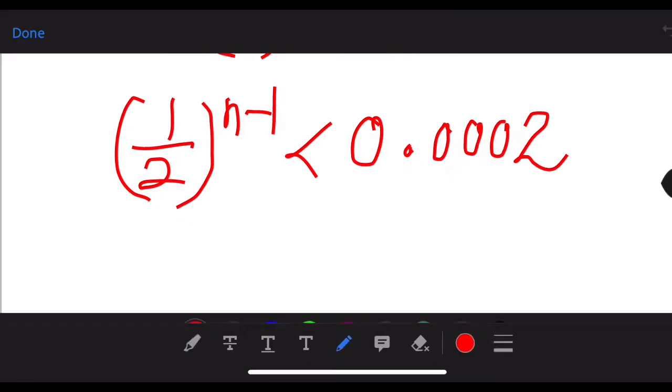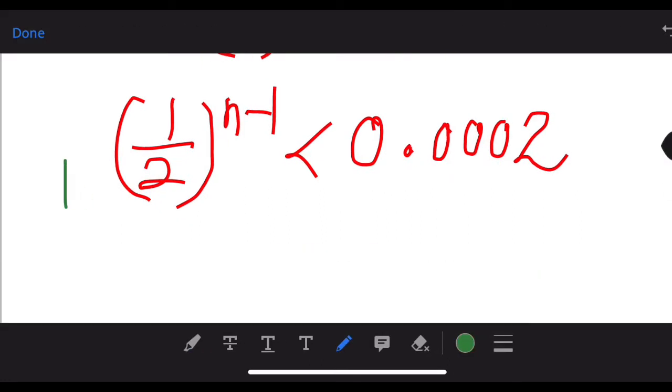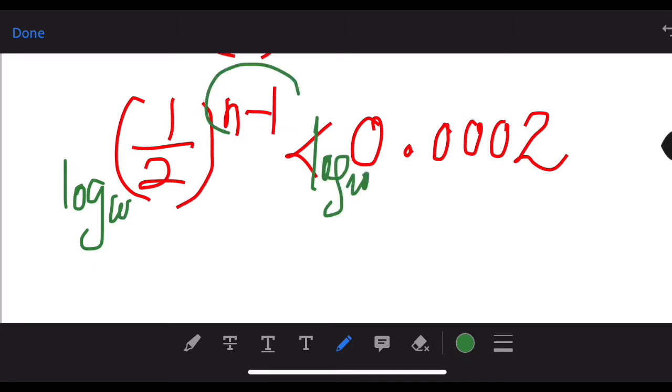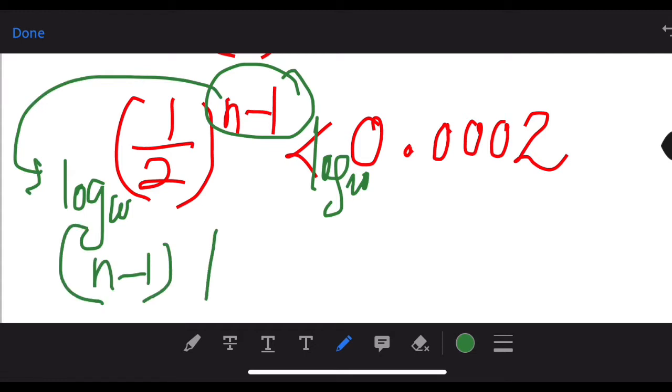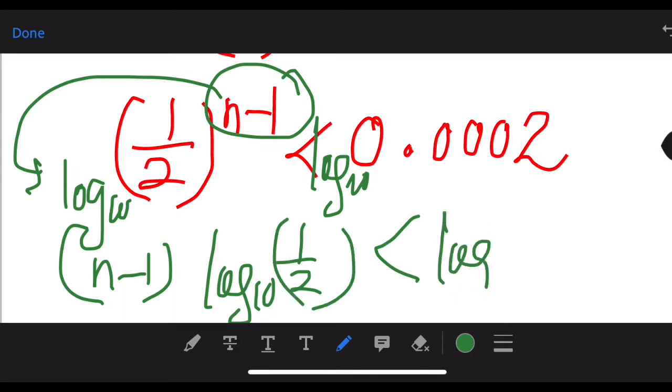I'm going to take log base 10 both sides. Now bear in mind when you take log, the power you can bring to the front: log 10 of 1 over 2, and then less than log 10 of 0.0002.